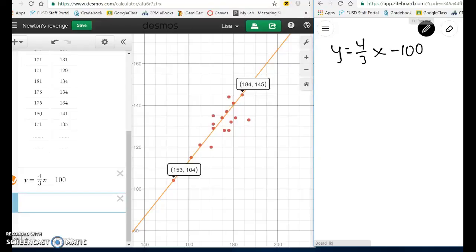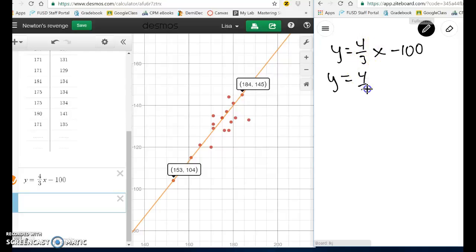We can use that to extrapolate a point representing Yao Ming, the 7'6" tall basketball player. So I'm going to go ahead and round his height to 229 centimeters, and we can substitute that and solve for y, solve for his potential reach height.